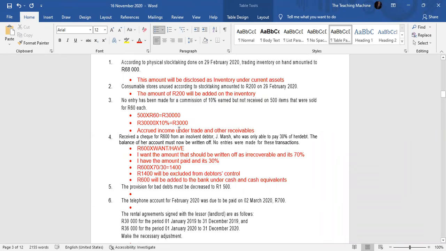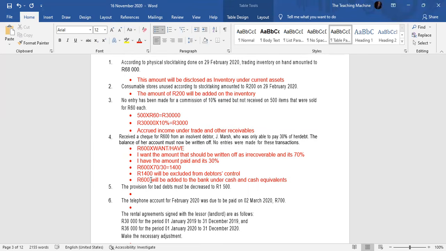By the business. Now, with debtors control, with the bad debts, this amount should have been received by who? By the business. So it's more like a summary of the debtors' transactions. Money that needs to be received by the business, money that is owed to the business, should be disclosed under trade and other receivables.